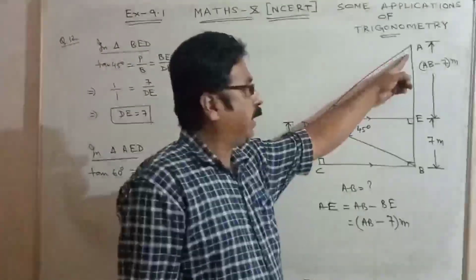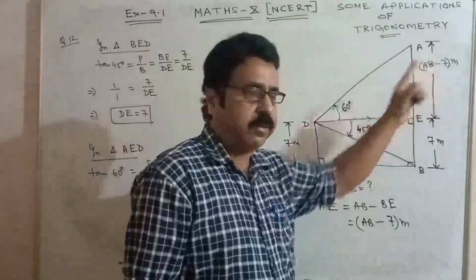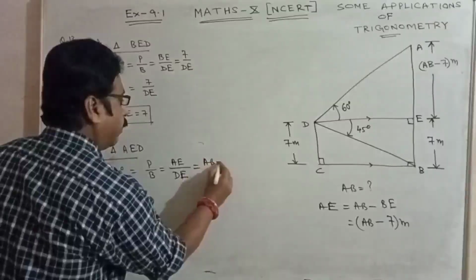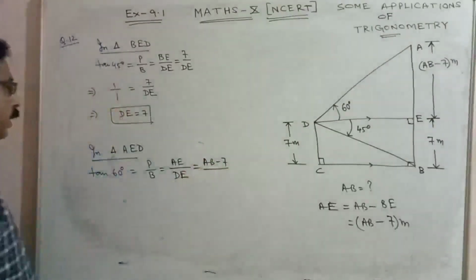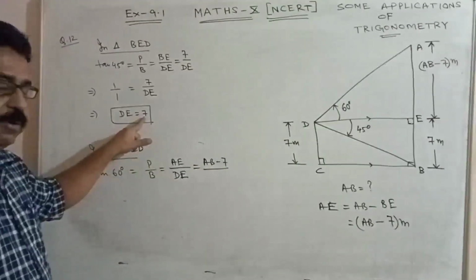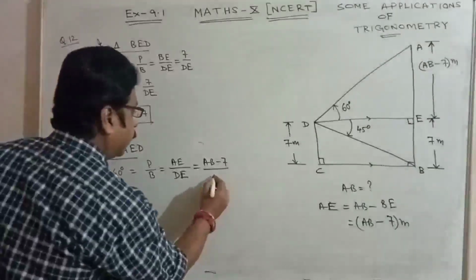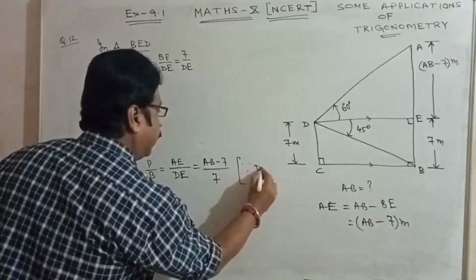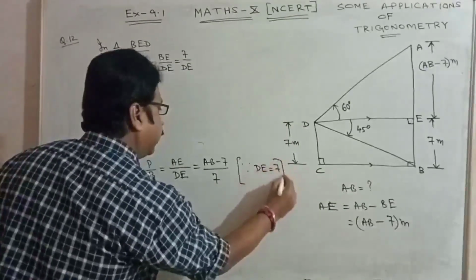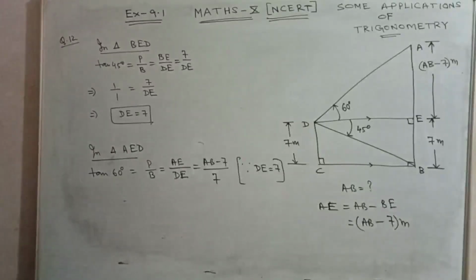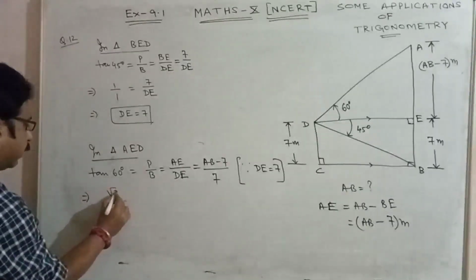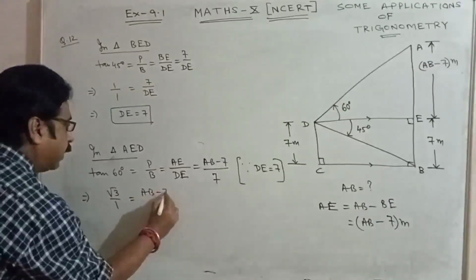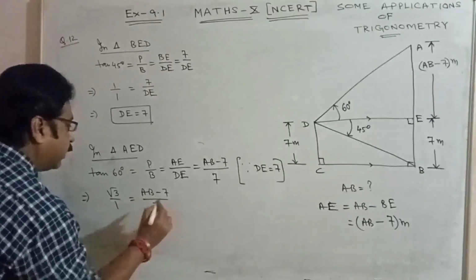In place of AE, we can write AB minus 7. In place of DE, we can write 7, since DE is 7. Tan 60 means root 3. Write root 3 upon 1 equals AB minus 7 upon 7.